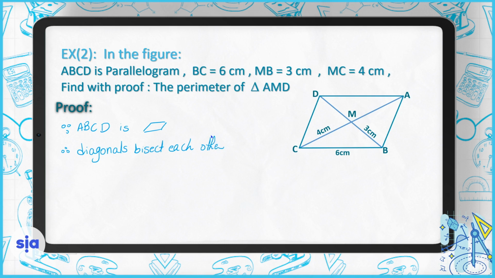So AM will be equal to MC, which is 4 centimeters, and DM is equal to MB, which is 3 centimeters. And we know that each two opposite sides are equal in length.